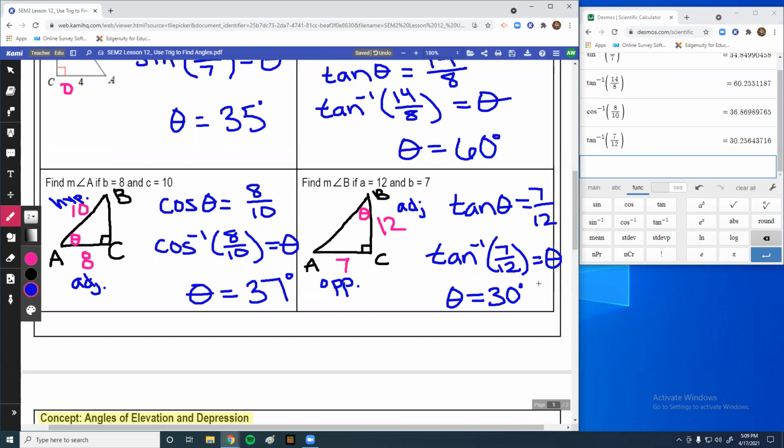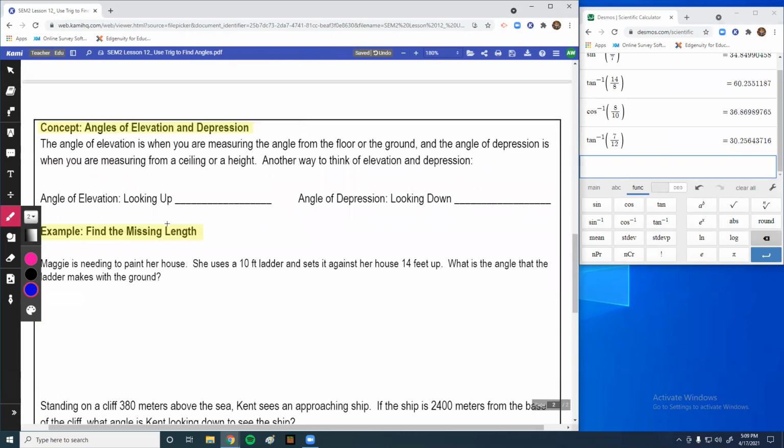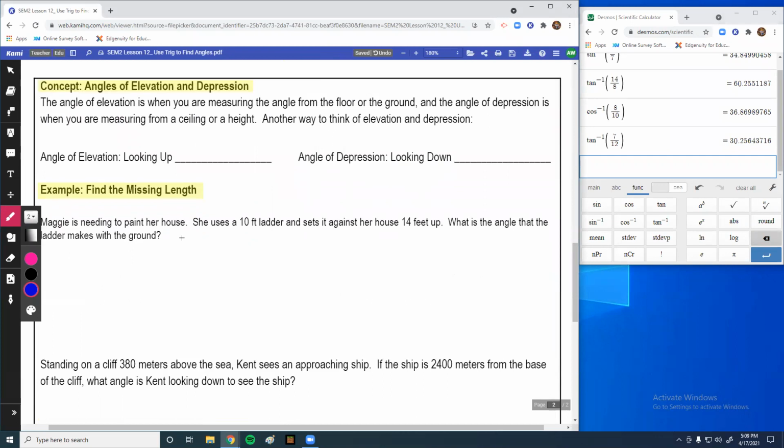Now, that's not all we're going to do with solving for an angle. Yes, we're still working with angles of elevation and depression. So a quick reminder, the angle of elevation is when you're measuring the angle from the floor or the ground, and the angle of depression is when you are measuring from a ceiling or a height.